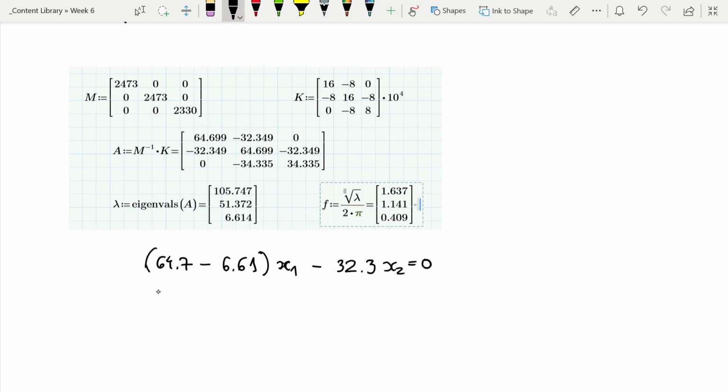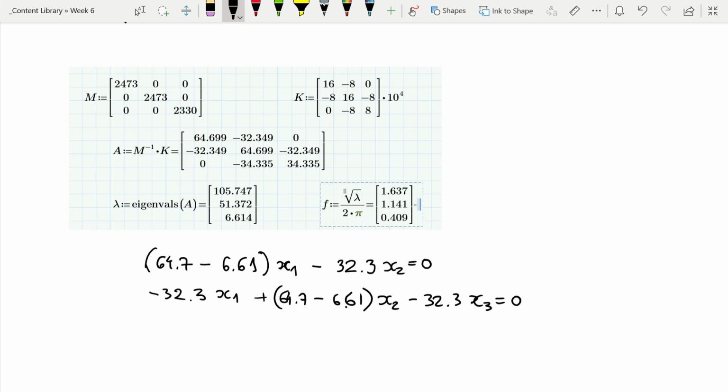And the second equation, minus 32.3 x1 plus 64.7 minus 6.61, which is lambda 1, x2 minus 32.3 x3 equals 0.